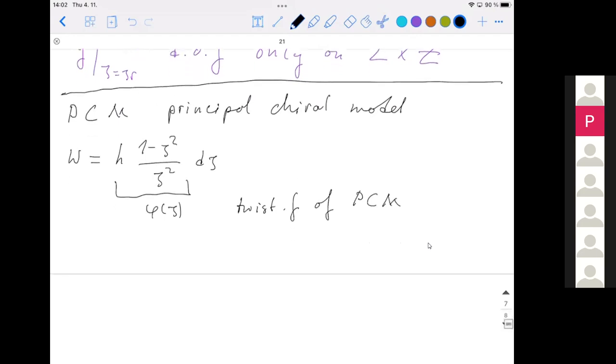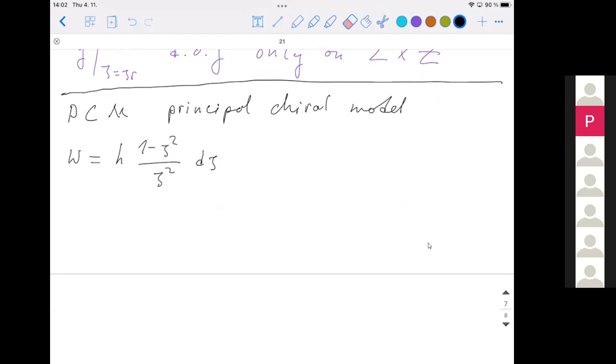So they already know this twist function, so they just write this omega to be like this. So the point here is just to prove that this approach can produce PCM.